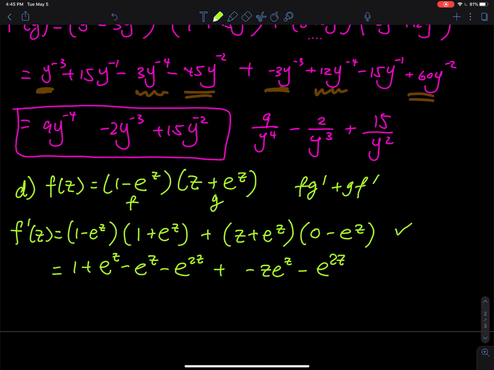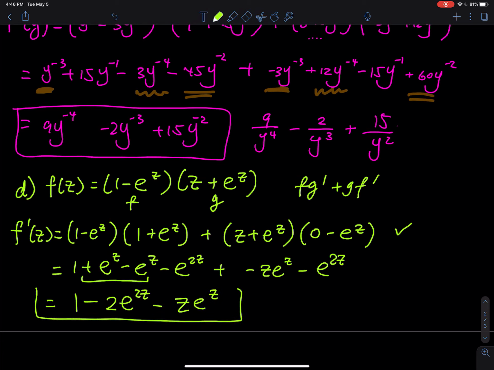Okay, let's simplify. We have a plus minus, they are cancelled instantly. And then we have a 1 minus 2e to the 2z, and then minus z e to the z. Okay, so that would be the derivative.